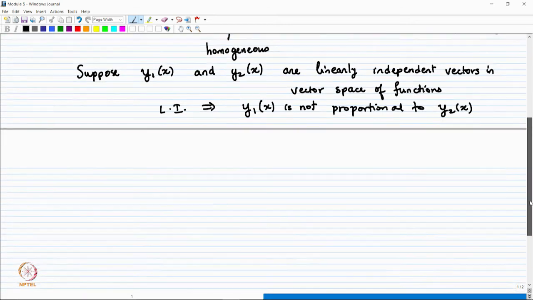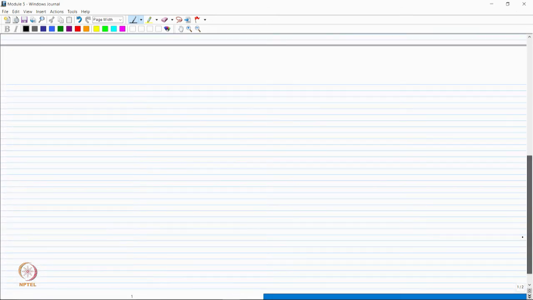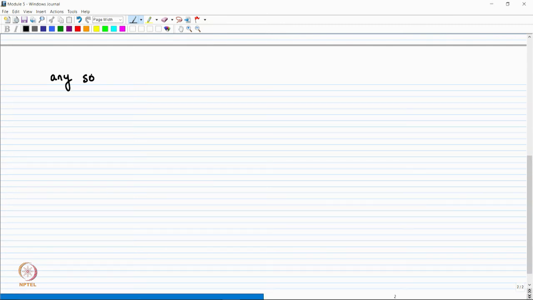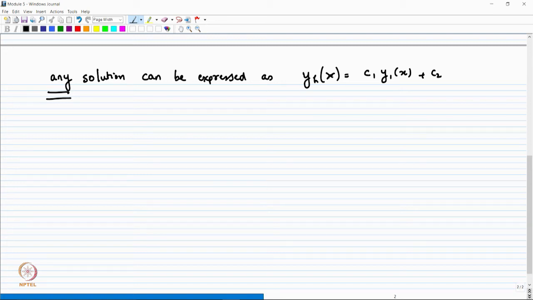If these two functions are linearly independent, then any solution can be expressed as y h of x equals C1 y1 of x plus C2 y2 of x. Here C1 and C2 are suitably chosen.